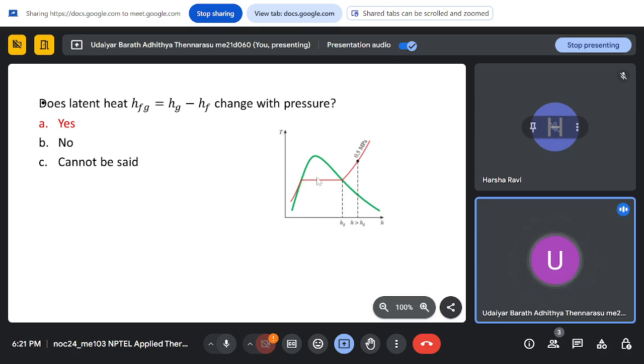With increasing temperature or increasing pressure, your latent heat reduces, and at the top it will have a critical point where your latent heat will become zero. There you cannot distinguish the phase, whether it's a liquid or vapor. Both will look identical. So yes, the latent heat does change with respect to pressure or temperature.